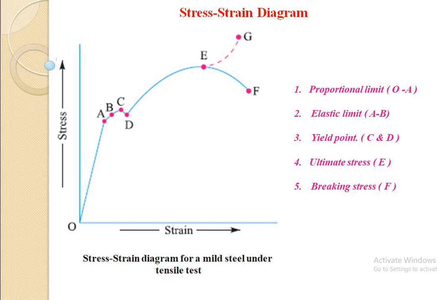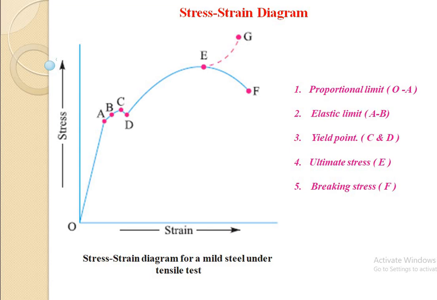The original distance between these two reference points is known as the gauge length. Before actually starting the simple tensile test, we mark these two points on the ductile specimen, the mild steel bar, and we keep increasing the load on that bar. The first marked points give the gauge length.